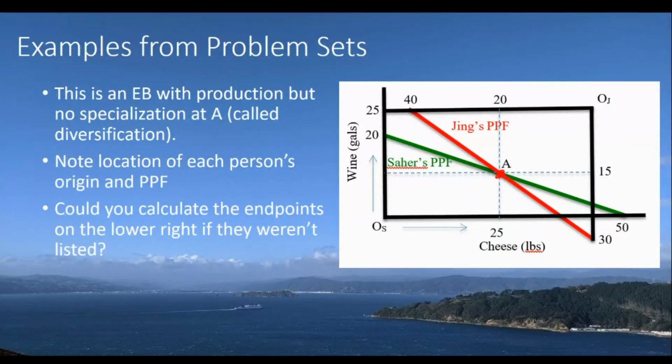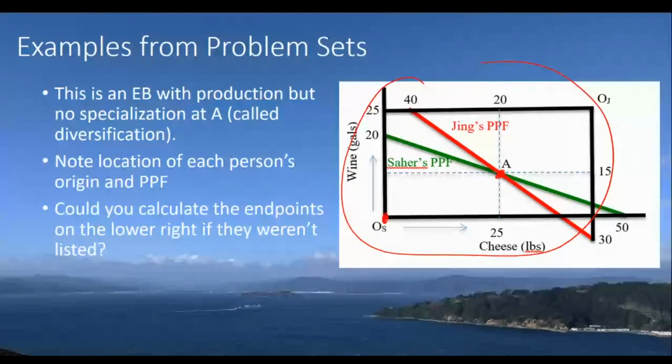And then the question can ask you questions like, well, what would they specialize in if they were to specialize in their comparative advantage goods? What is their comparative advantage? You can figure that out again from the data that's represented up here on the diagram. Also remember, just as a pointer, that if this person has an origin down here and we're measuring upward, this 20 is measured from this 0.